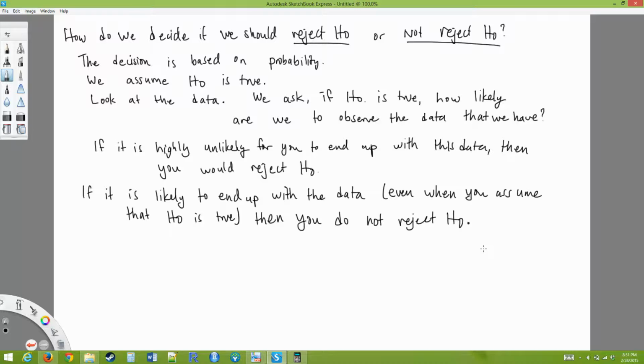Let's just say that was one piece of evidence. You have to ask, if we assume that this person is innocent, how probable is it for a cell phone to ping a tower near the scene of the crime? Likely, unlikely, and we have to decide.